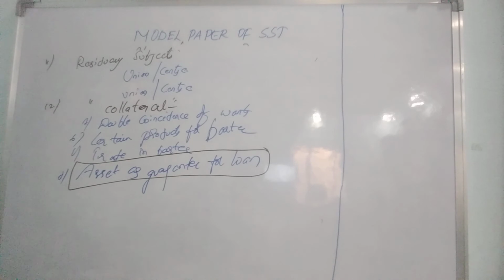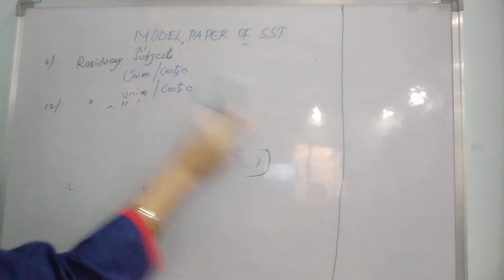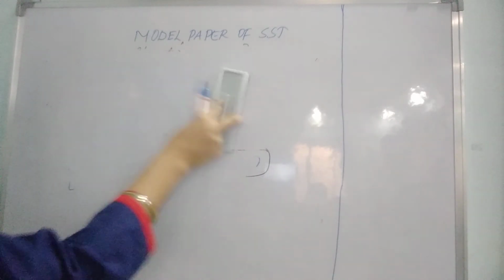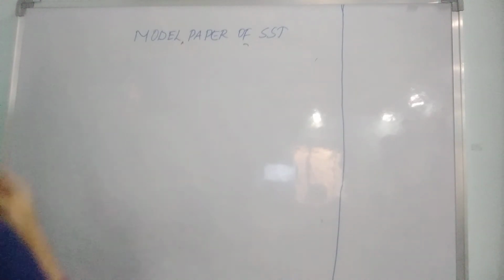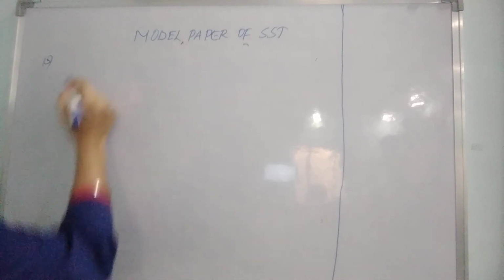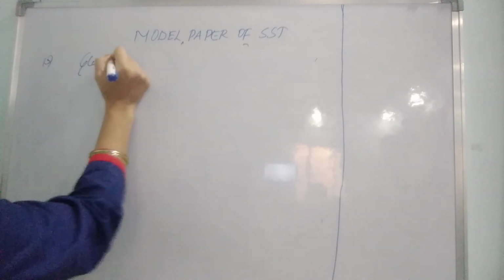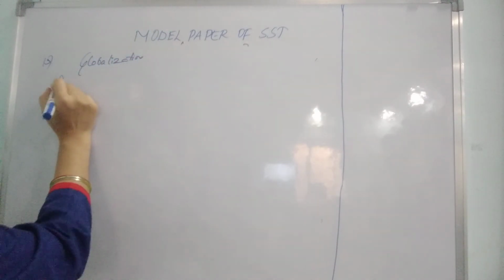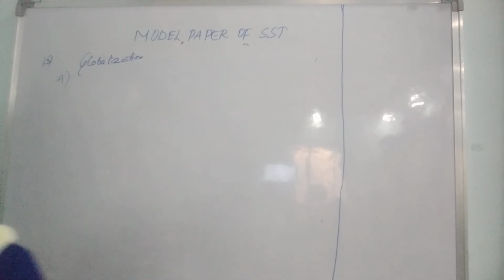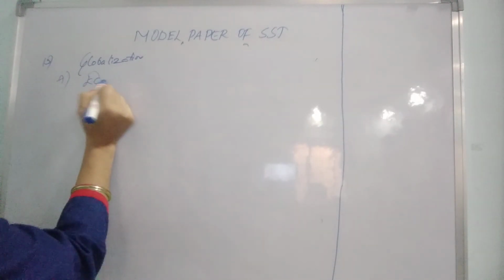Okay. And next, our 13th question is, read the given statements in the context of globalization and choose the correct option. Our options are, it is the only way for economic development of the country.